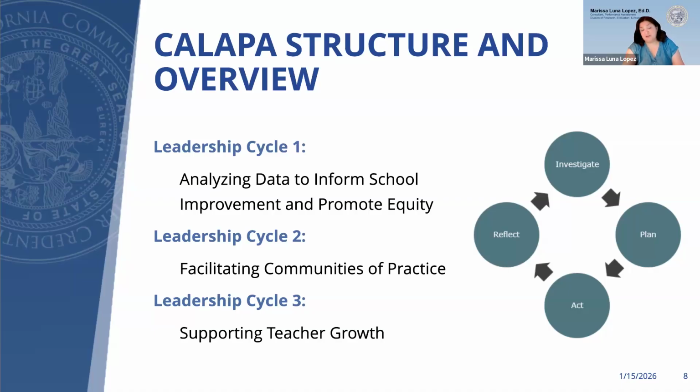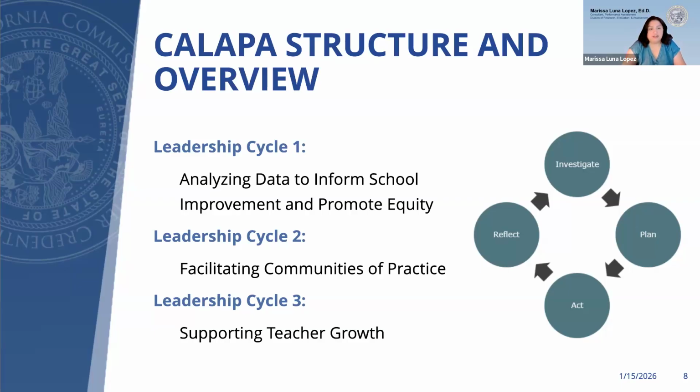For those of you that are very familiar with these cycles, I apologize for explaining them, but cycle 1 is really an opportunity for a new or aspiring administrator to look at data, both quantitative and qualitative, to identify and do some research around an equity issue at their school site.